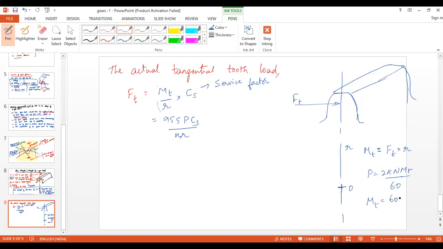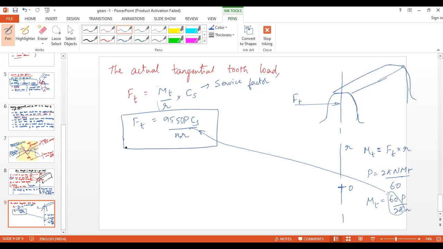So Mt can be written as 60 P by 2 pi N, and if you calculate this, you will get 9550 P Cs by N r. So Ft is equal to 9550 P Cs by N r is the actual tangential tooth load acting on the gear tooth, where P is the power in kilowatt, N is the RPM and r is the radius. Is it clear?